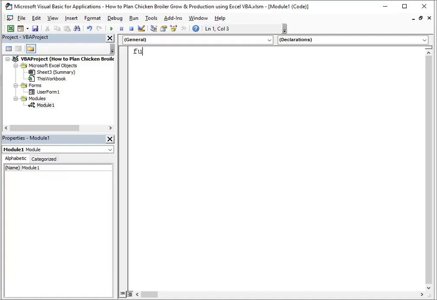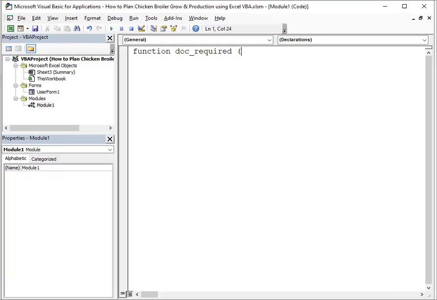So the function, which is the DOC underscore requirement. By the way, a function is a calculation that is performed that returns a value. So we're going to have equations here in order to return a value of the thing that we want to calculate, like the DOC requirement.